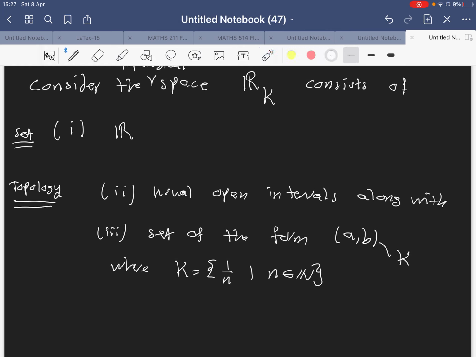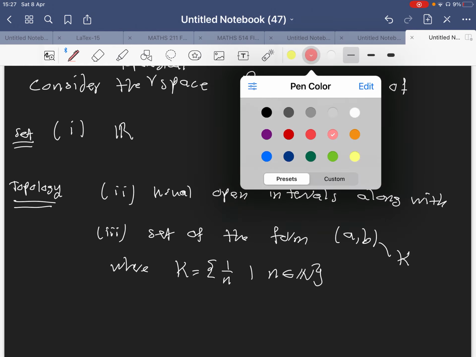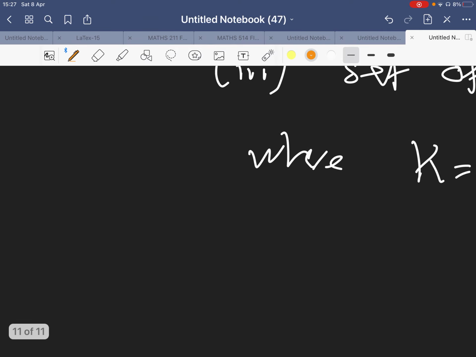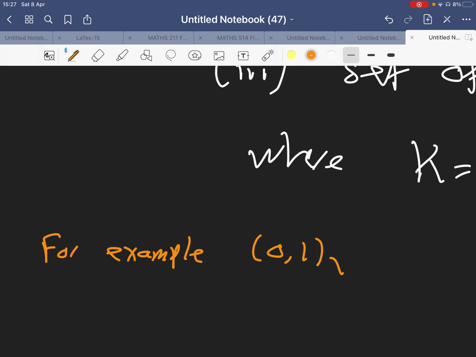Here is an example of an open set. For example, (0, 1) except K is open.